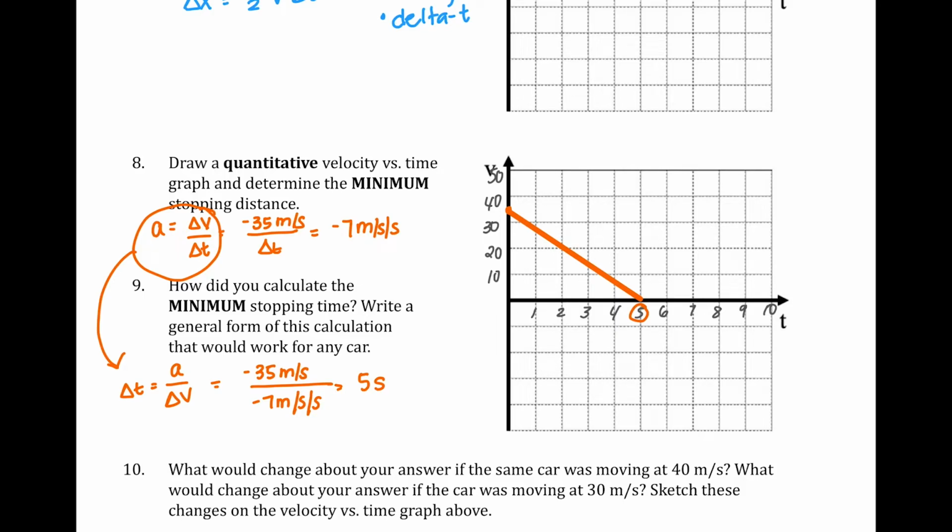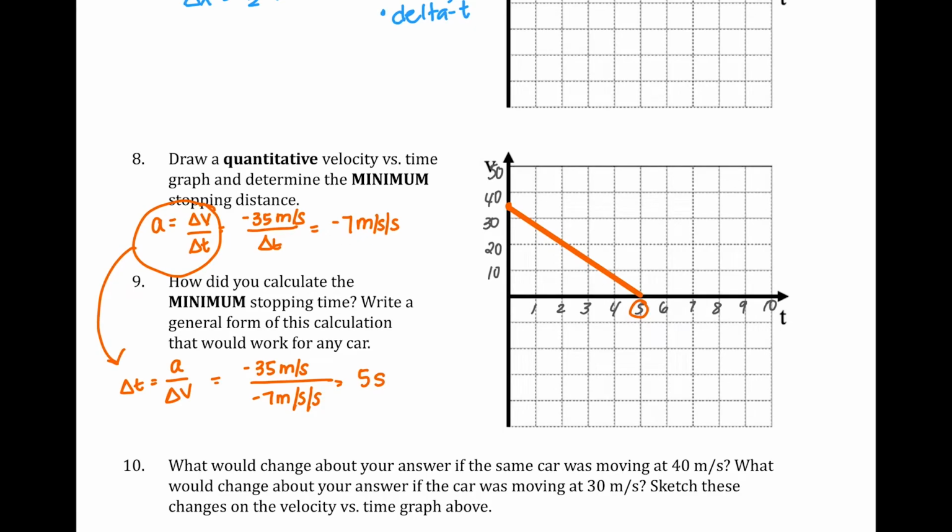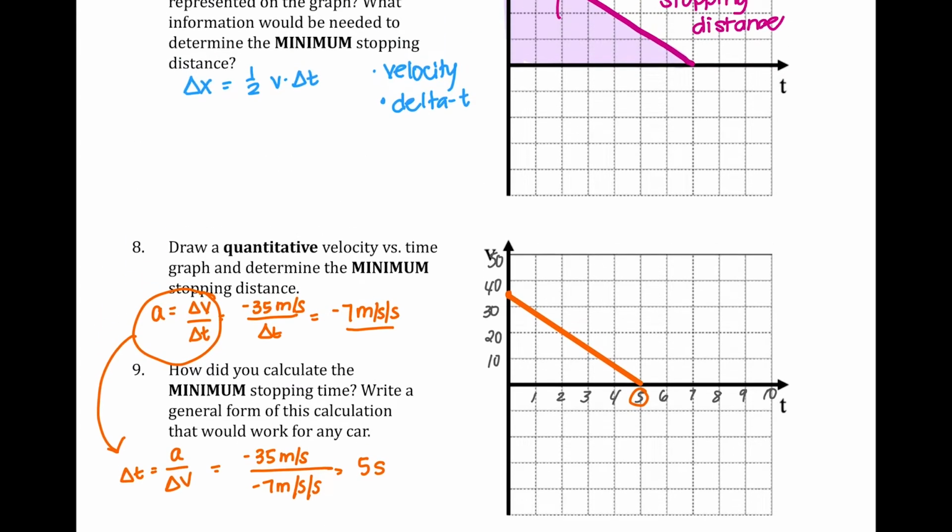So we had acceleration, right? We also had the change in velocity. And now that we have the time, we can go back with our information and solve for delta x.